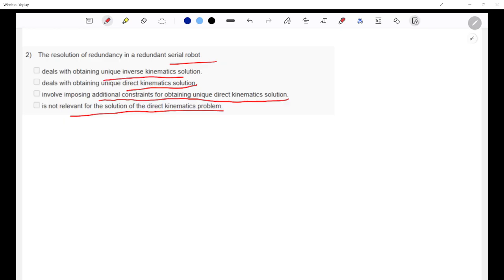This question is mainly for checking whether people understand the difference between forward kinematics and inverse kinematics of redundant robots. Okay, anyone want to take a guess?